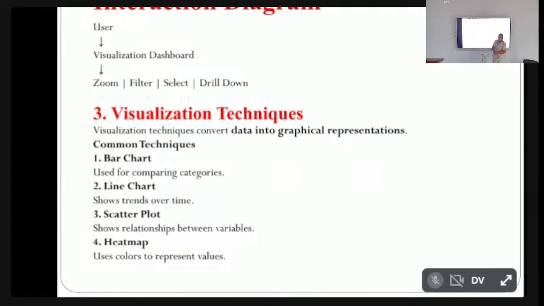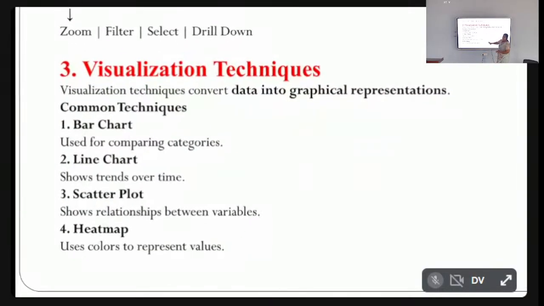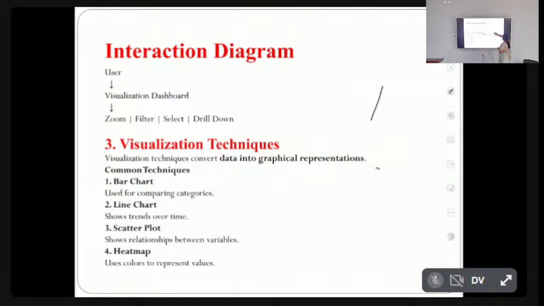What are the different techniques you're having? You're having bar chart. What do you mean by bar chart? Second unit is completely about charts and graphs. So, what is a bar chart?